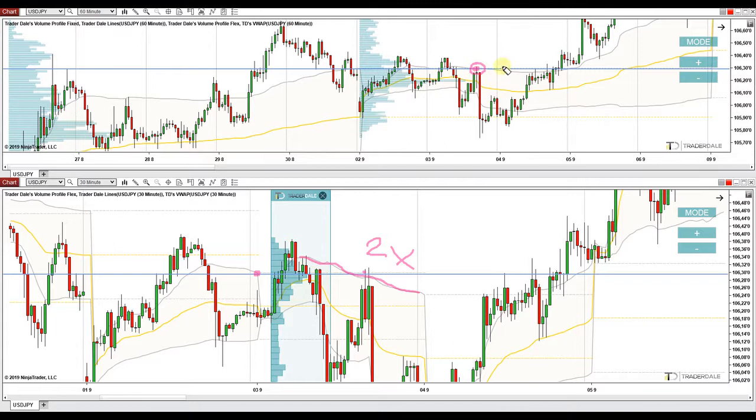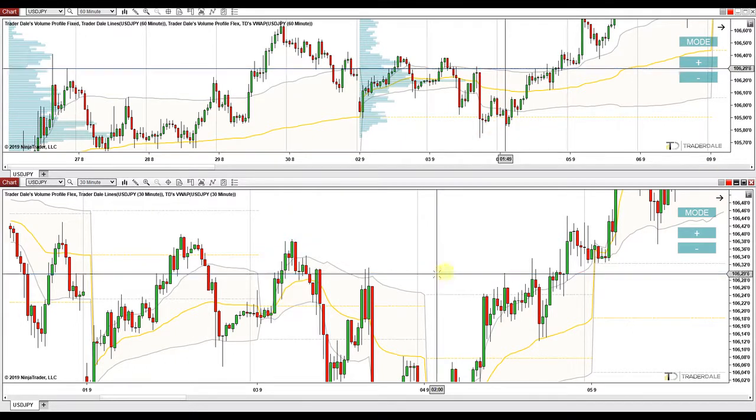So we have two confirmations on the 60-minute chart with the weekly VWAP, and also two VWAP confirmations in here from the daily VWAP, which is pretty cool, I would say. And also the reaction was pretty cool. All right, so let's move on.